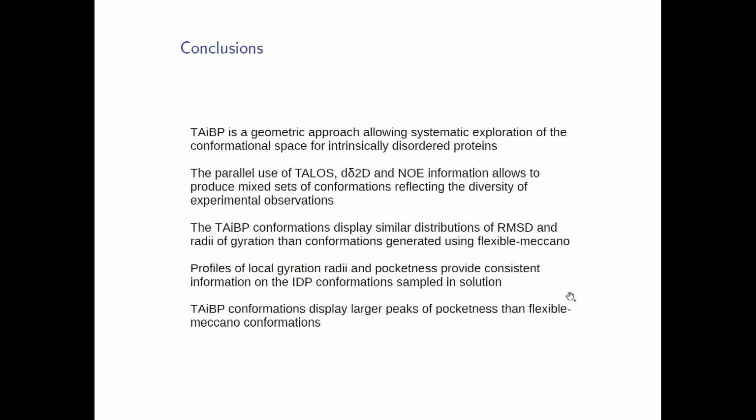What we are obtaining is a similar distribution of coordinates and radius of gyration as conformations generated by another method, and we are able to look at the pocketedness; the TIBP conformations give you some peaks of pocketedness which can be useful for searching for binding pockets.